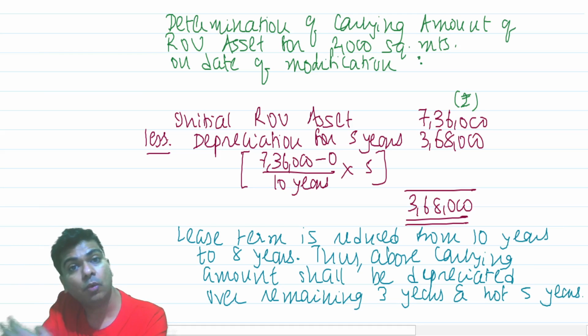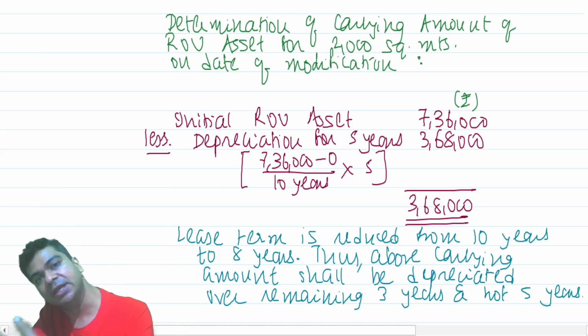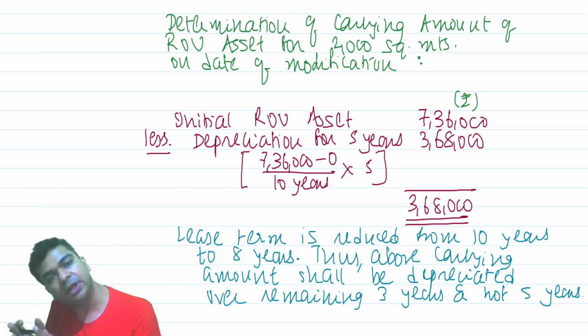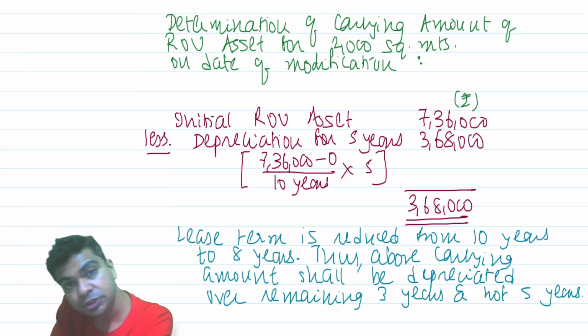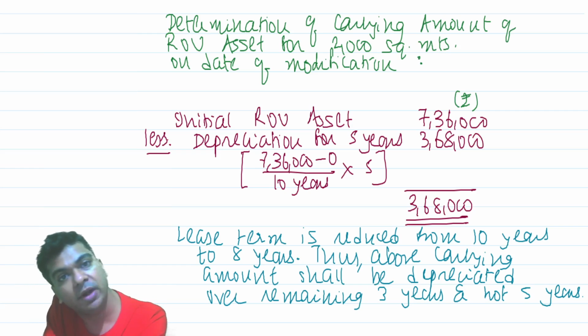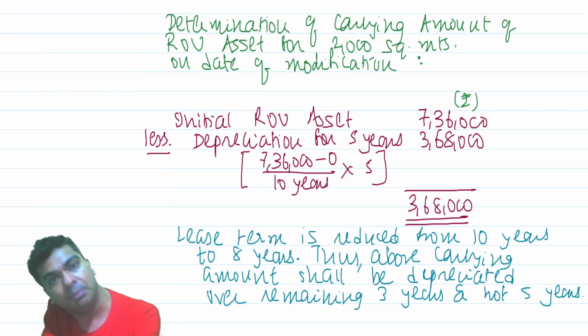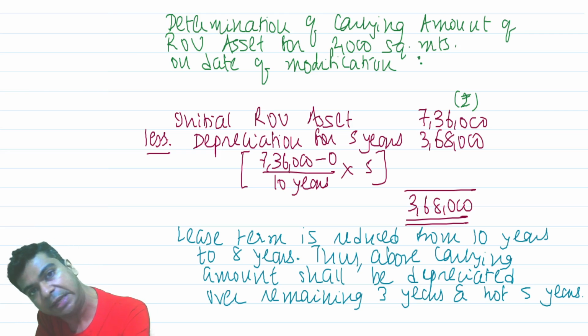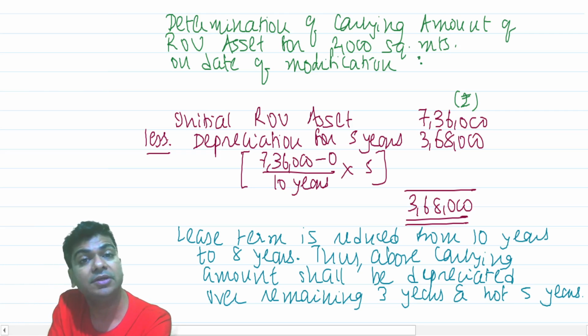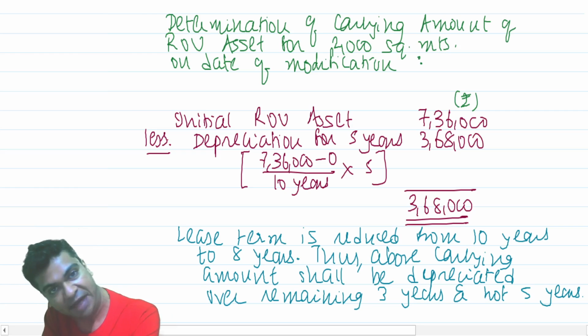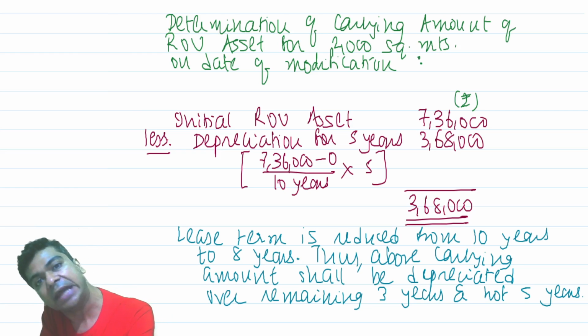We were planning to depreciate the asset over 10 years. That is how we were providing for the depreciation. Our plan is that the remaining 3,68,000 should also be depreciated over the remaining lease term of 5 years. But now I don't have 5 years of remaining lease term. I have only 3 years of remaining lease term. So I should find out a balance which reflects this changed circumstances.